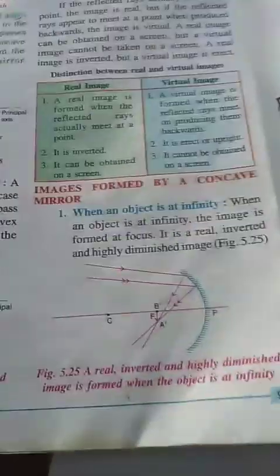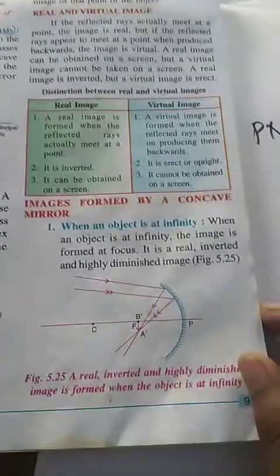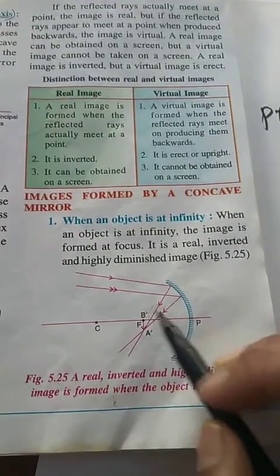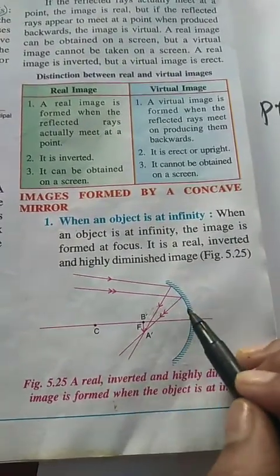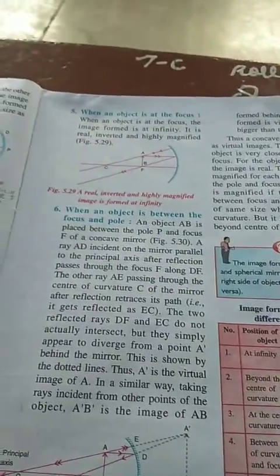Students, there are a total of 6 cases in the case of concave mirror, which you have to study hard, and this is very important. Ray diagrams: you can see ray diagram number 1 given on page number 91, and then the next diagrams are given on page numbers 92 and 93.